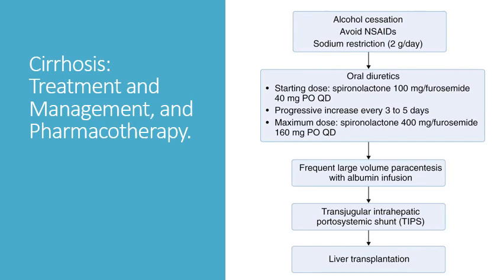Why are we doing oral diuresis or restricting sodium on someone with liver disease? The reason is that the portal vein is affected and the patient will develop portal hypertension, and as a consequence of portal hypertension, they will have accumulation of fluid in the abdominal cavity, or ascites.